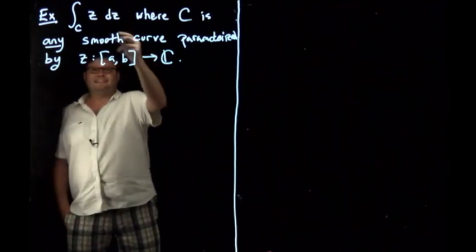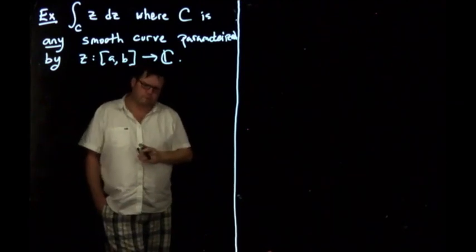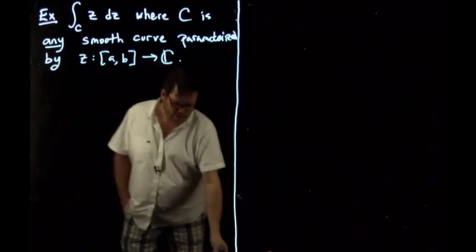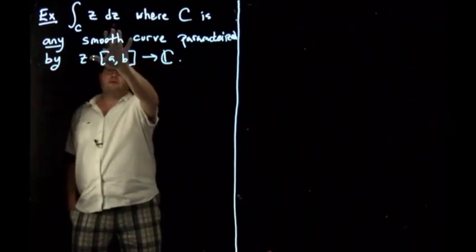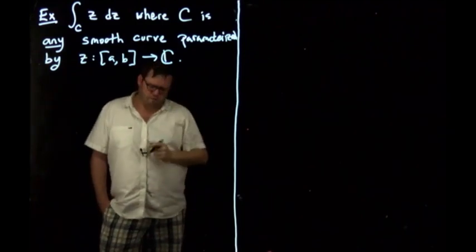Well, precisely in this case, the integral will not depend on the curve, as we'll see. And so the question is, what is different about this integral and our last integral?